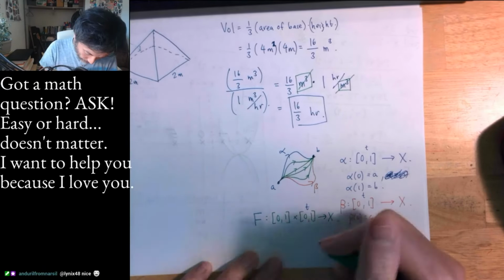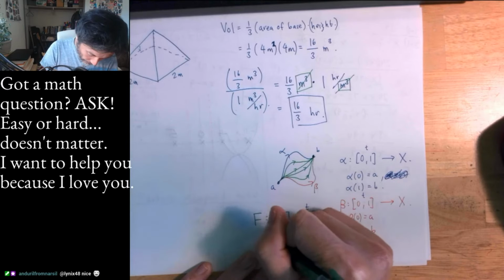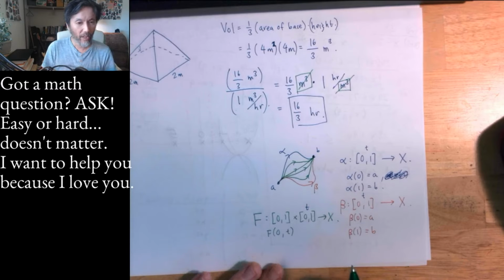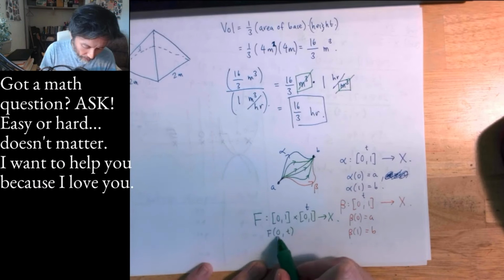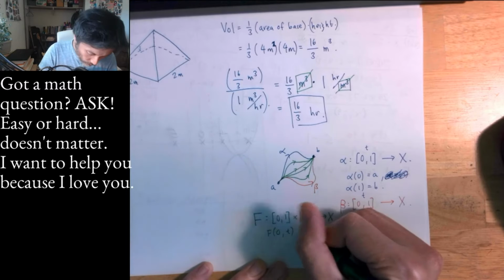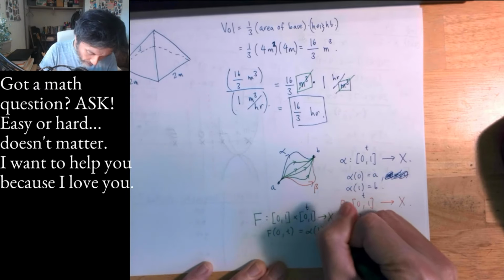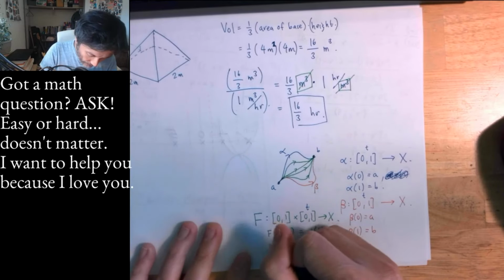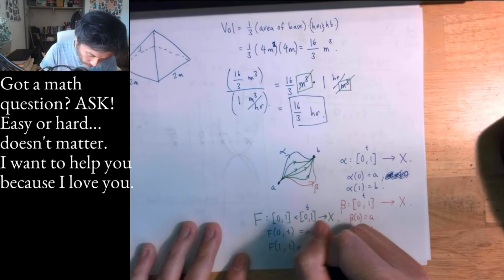And so if we look at F of 0, comma t, F is eating the ordered pair 0, t. What do we get? We should get alpha of t. And if F eats 1, comma t, what should we get?